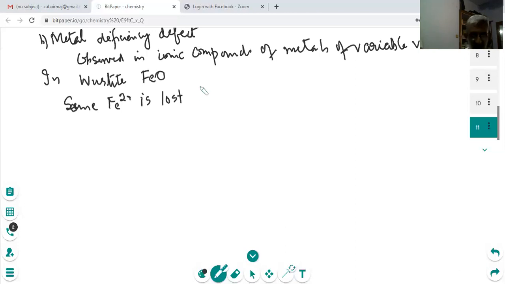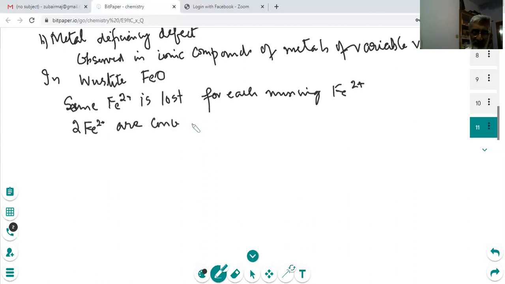And for each missing Fe2+, two Fe2+ are converted into Fe3+ for electrical neutrality.